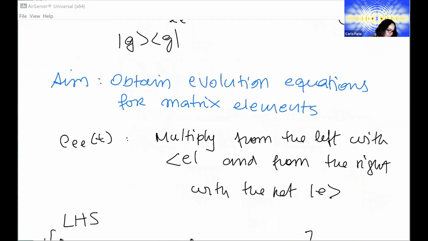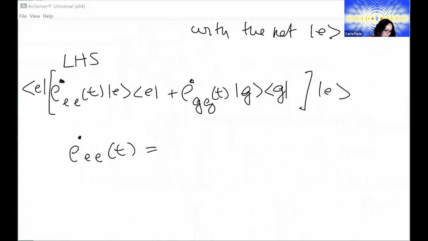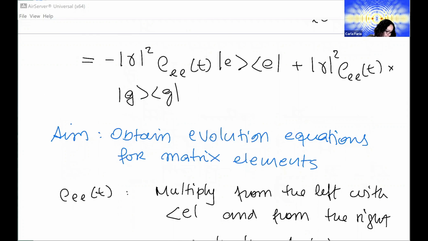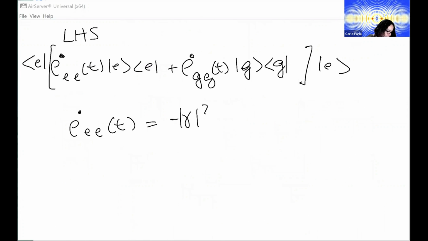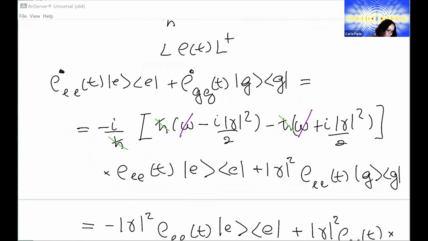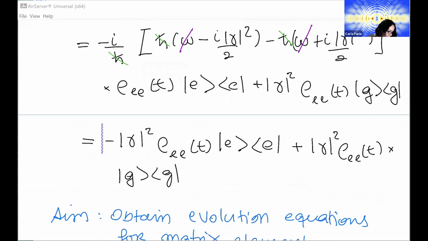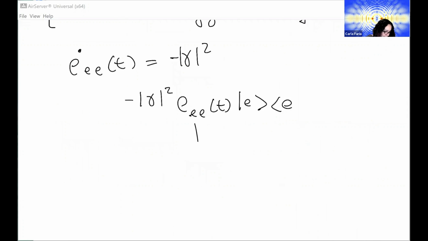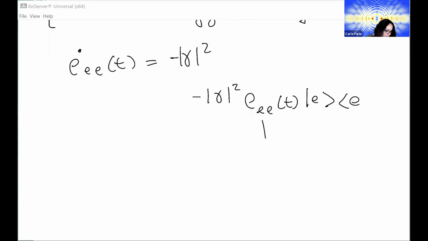So you're going to have that this is going to give you just the first term. So you have minus gamma squared over 2. What is the rest? Let me copy this quick. Copy. So I'm going to paste and get rid of this.